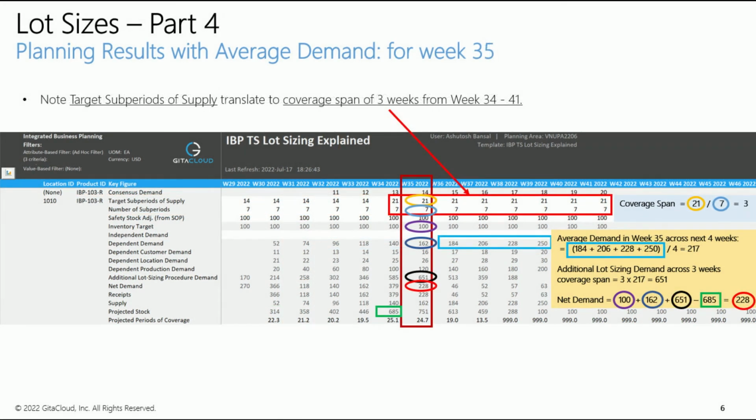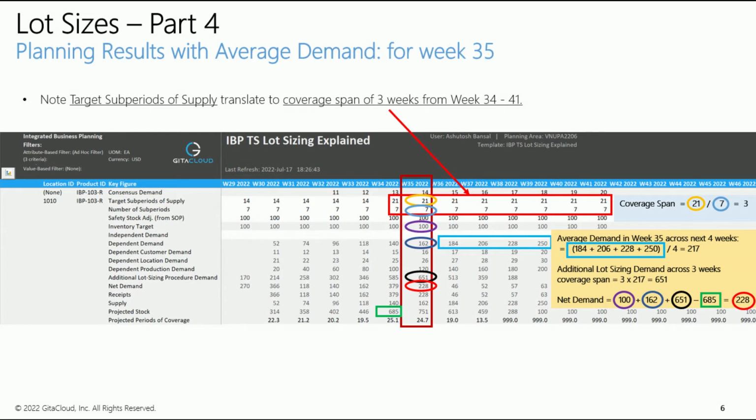Let's also review results from week 35 to understand how coverage span makes a difference to the net demand. Note the coverage span is effectively 3 weeks from week 34 onwards, as target subperiods of supply is 21, with 7 subperiods in each week. You can see that the average of demand from weeks 36 to 39 is 217 units.